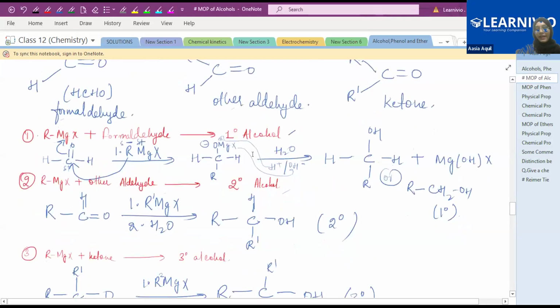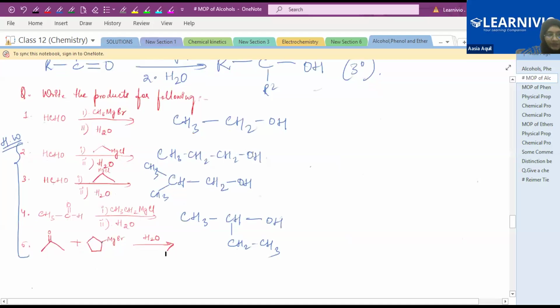Other aldehydes treated with Grignard reagent will give a secondary alcohol, other than formaldehyde. Formaldehyde plus Grignard reagent always gives a primary alcohol. Other aldehyde plus Grignard reagent gives a secondary alcohol. And ketone on treatment with the Grignard reagent gives a tertiary alcohol. Okay, let's understand the mechanism.